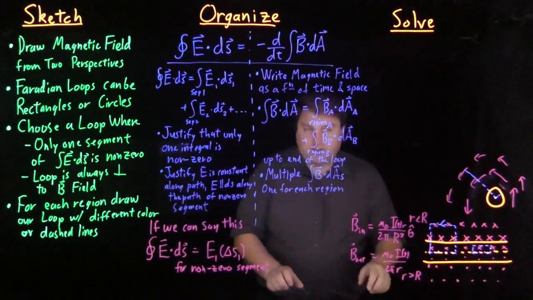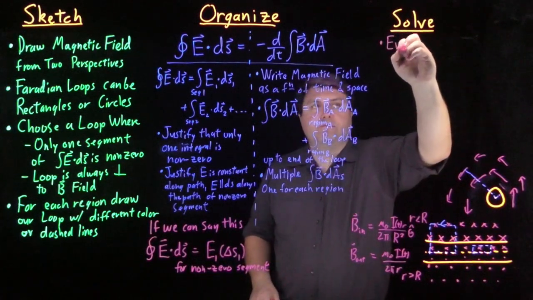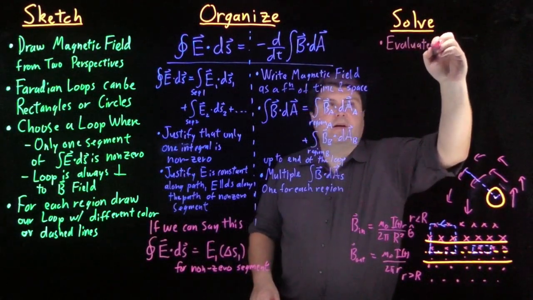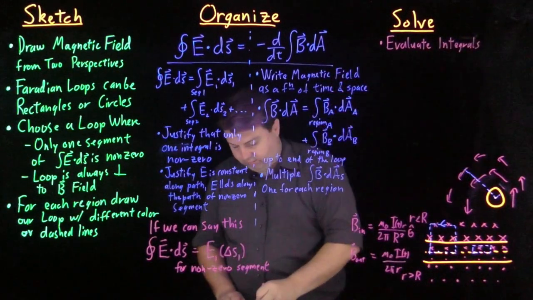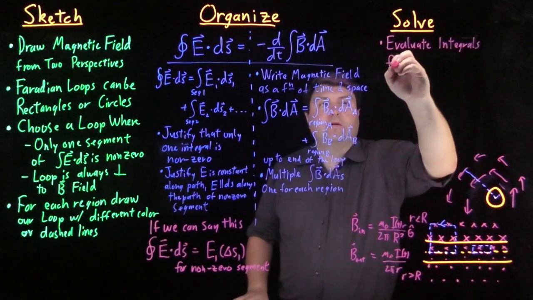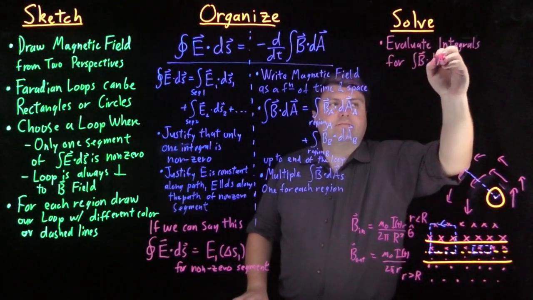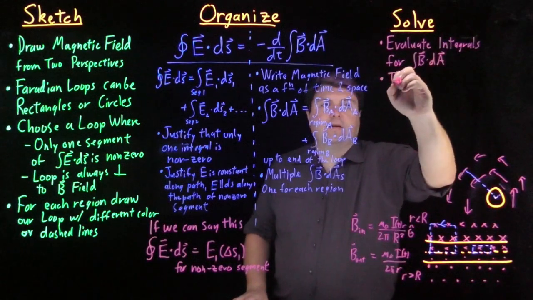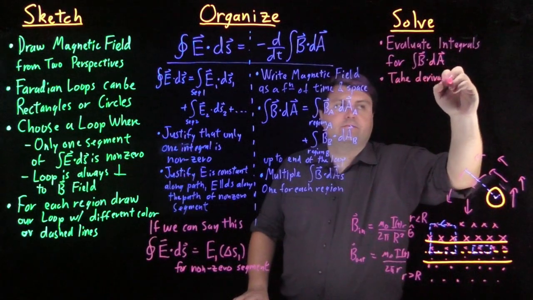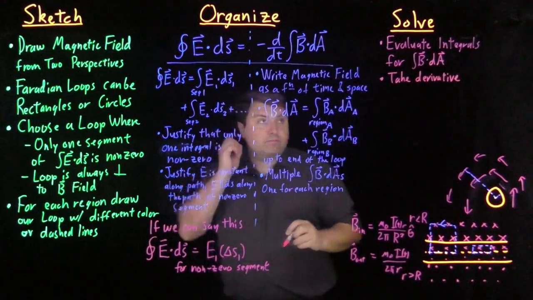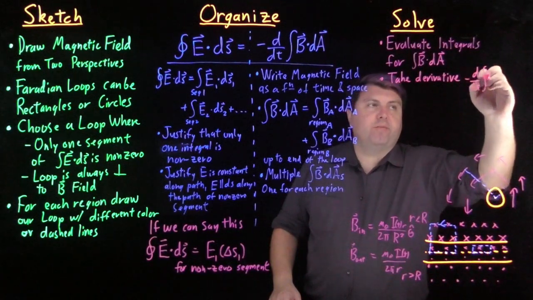Now, in our solve step, we are going to evaluate our integrals for our integral of B dot dA. And then we are going to take the derivative, negative d/dt of our B dot dA.